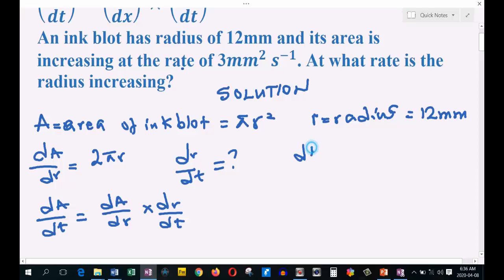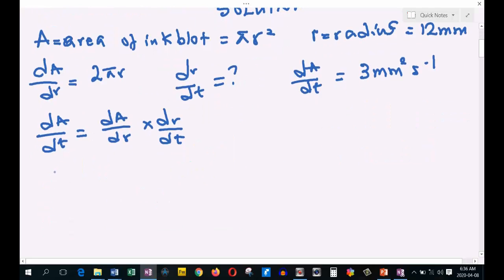And we were given dA/dt as 3 millimeter squared per second. So this will become 3 millimeter squared per second is equal to 2 pi r times dr/dt.